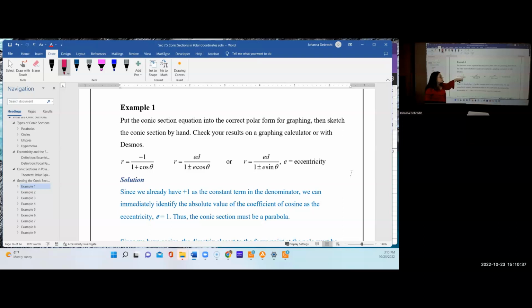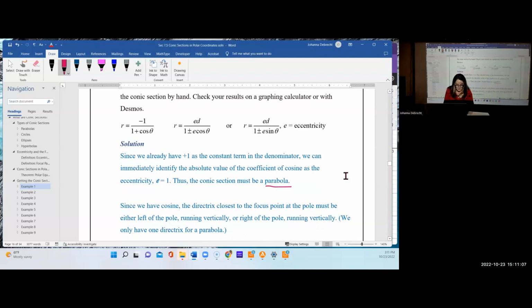So when I'm looking at this, step one, make sure the denominator has a +1 as the constant term at the beginning, and it does. That means the absolute value of the coefficient of the trig function is the eccentricity. That means that I must have eccentricity of 1, and that means it has to be a parabola. So I know now that it must be a parabola.